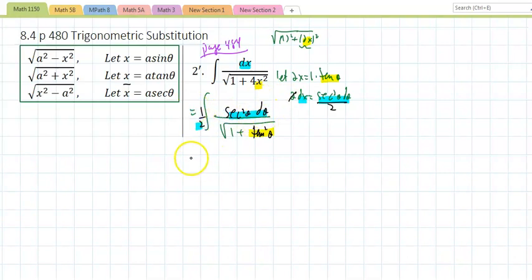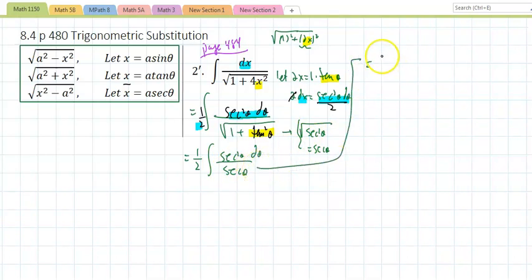And if I really work this out, this is actually 1/2 the integral of secant squared of theta d theta. Wouldn't this radical become the square root of secant squared of theta? Isn't that just secant of theta? And wouldn't this simply be 1/2 the integral of secant of theta?